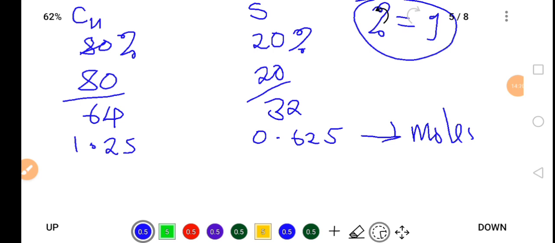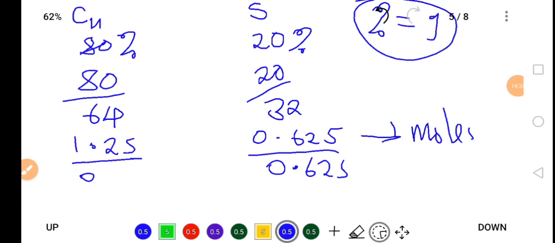So you are going to divide both sides by 0.625. You divide the number of moles by the simplest one.